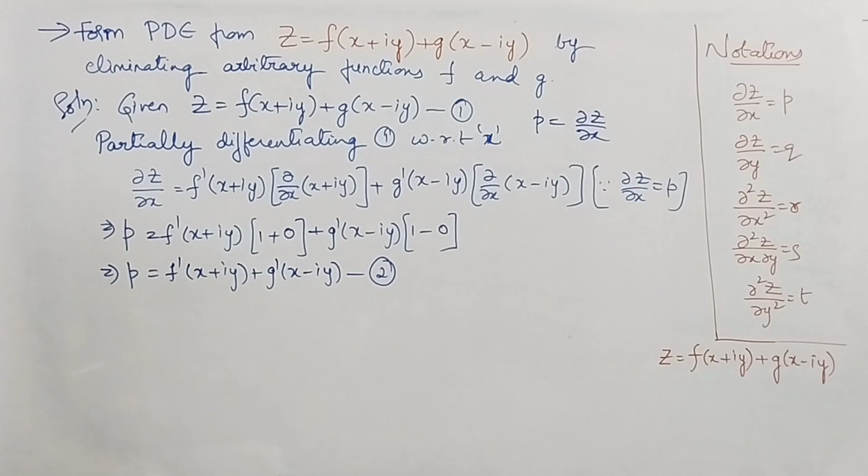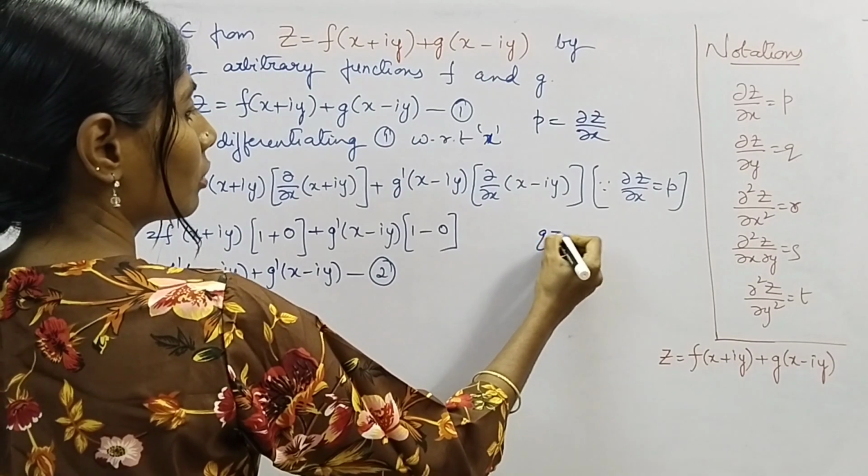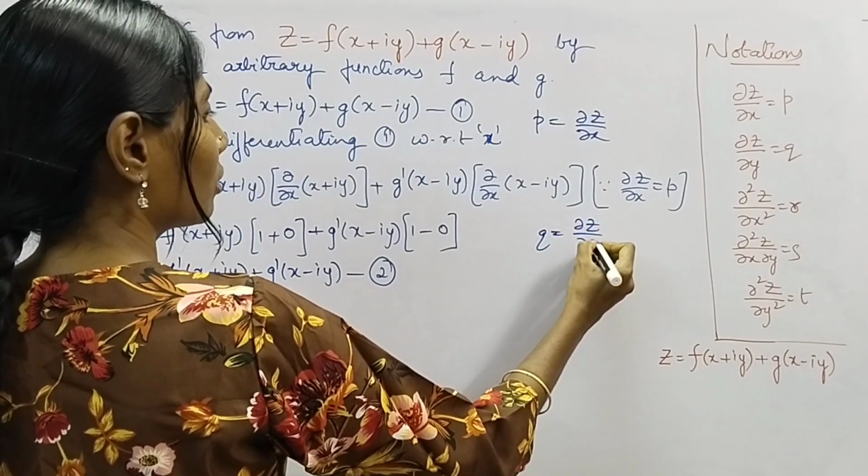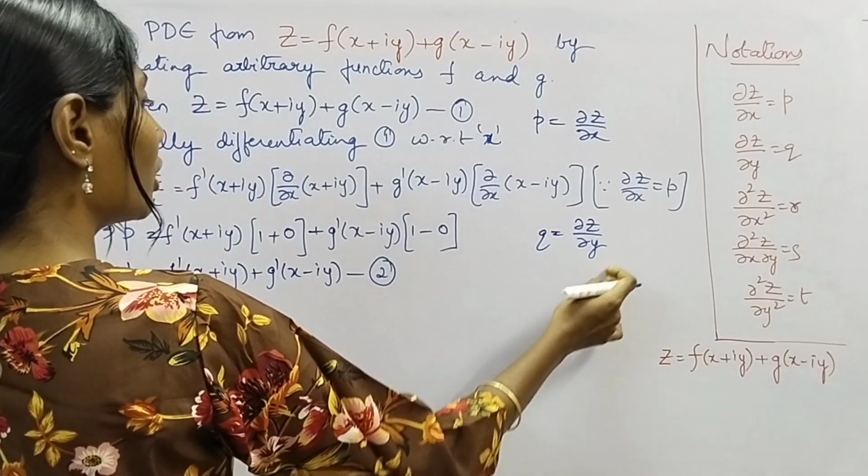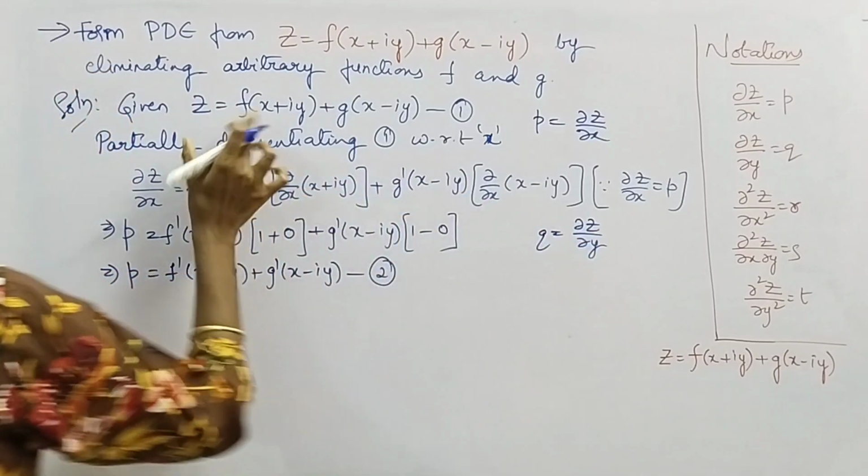Fine. Now we got p. Let's find q. Q is nothing but dou z by dou y, right? We need to find the partial derivative of z with respect to y.